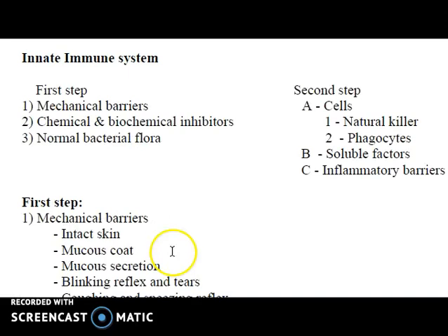Depending upon the action, innate immunity is again divided into two phases, the first step and the second step. The first step includes the mechanical barrier, chemical and biochemical inhibitors, and normal bacterial flora. Whereas the second step includes cells, including natural killer cells, phagocytes, soluble factors, and inflammatory barriers.